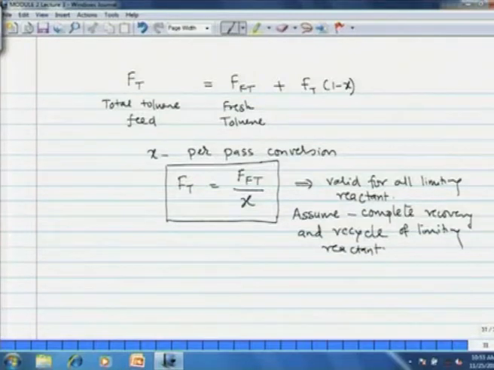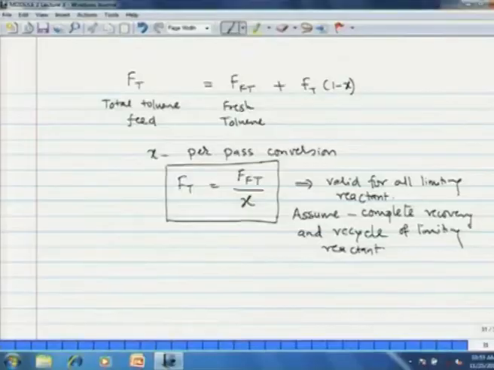Now, in some cases, the limiting reactant may leave with the product or in the purge stream, and therefore, we have to slightly modify the balance, but we will see now again with an example that the general relation between the total feed of a limiting reactant and the fresh feed remains same.